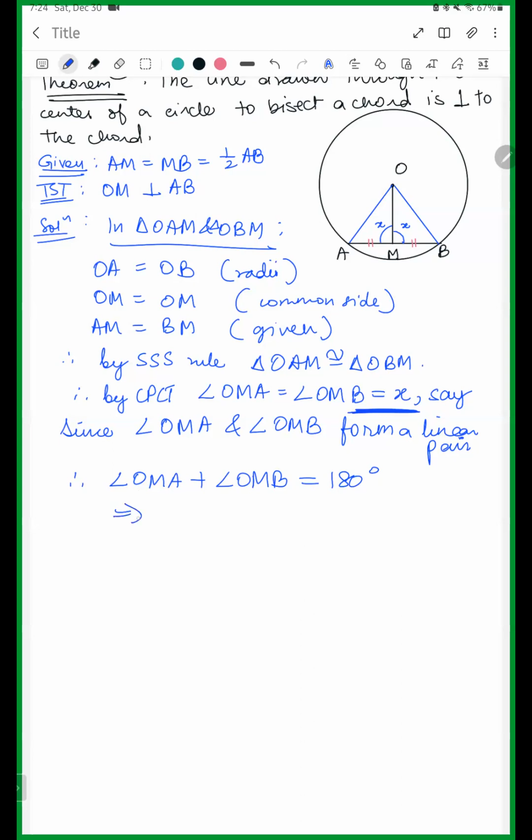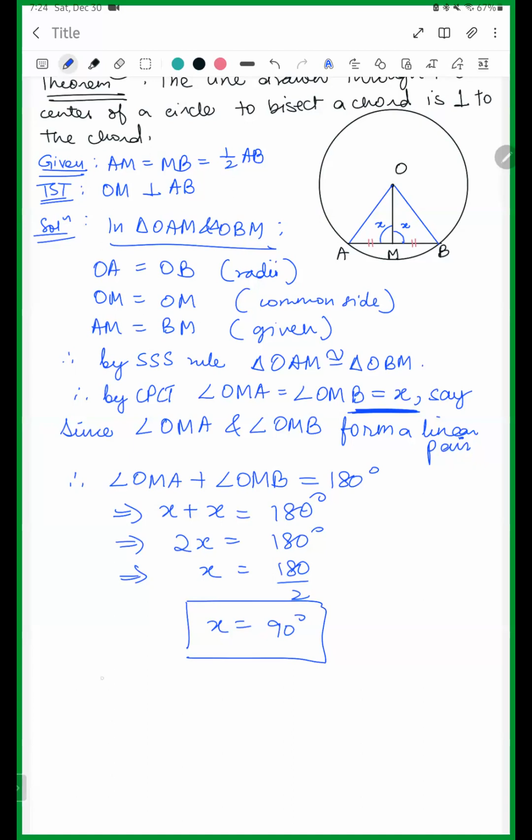So that means x plus x is equal to 180 degrees. That means twice of x is equal to 180 degrees. That means x is equal to 180 by 2, which is 90 degrees. So that means angle OMA is equal to 90 degrees is equal to angle OMB. And that shows that OM is perpendicular to AB.